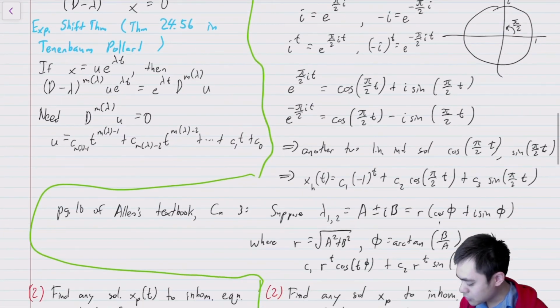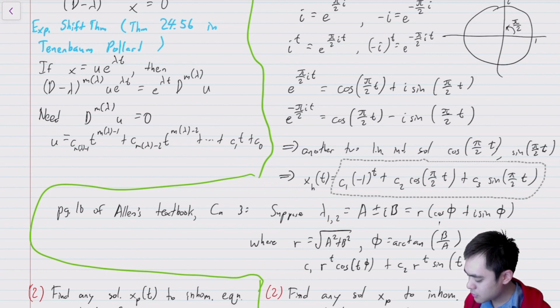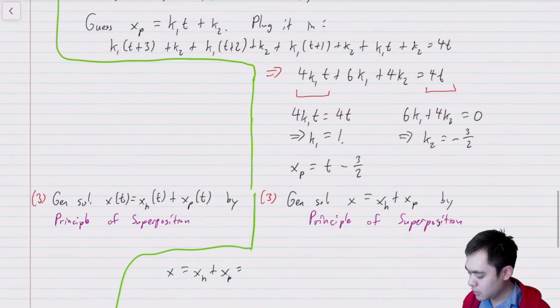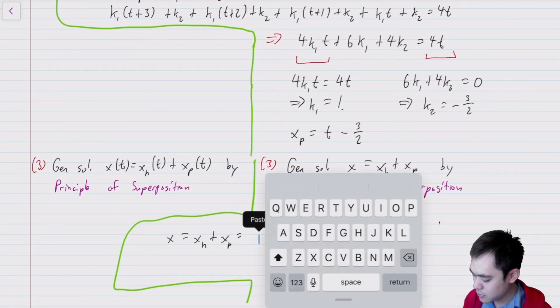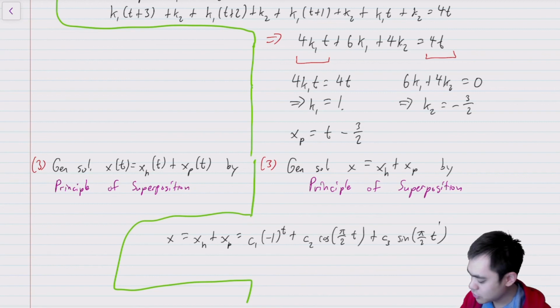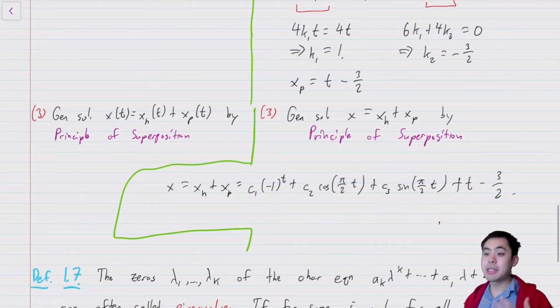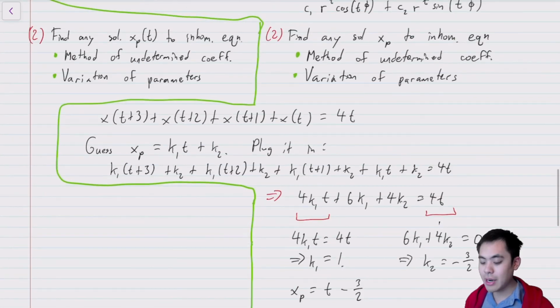If we copy the homogeneous solution up here, we have the general solution plus t minus 3/2. And if you had initial conditions, you could plug those in and solve for the three coefficients here to get a particular solution to the equation where you set the right-hand side equal to 4t.